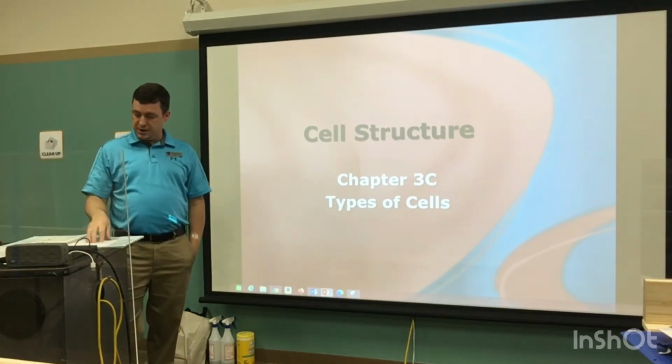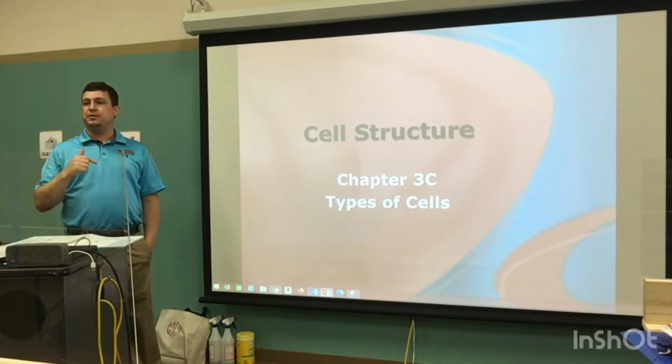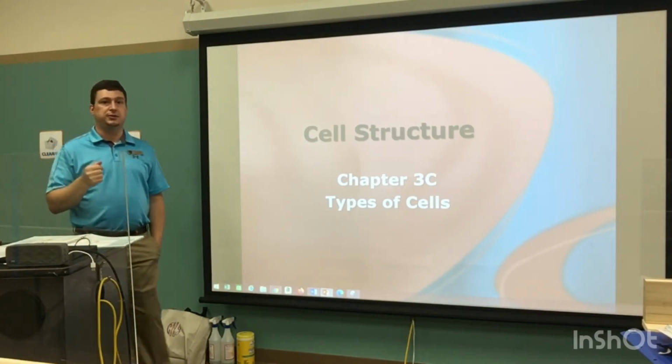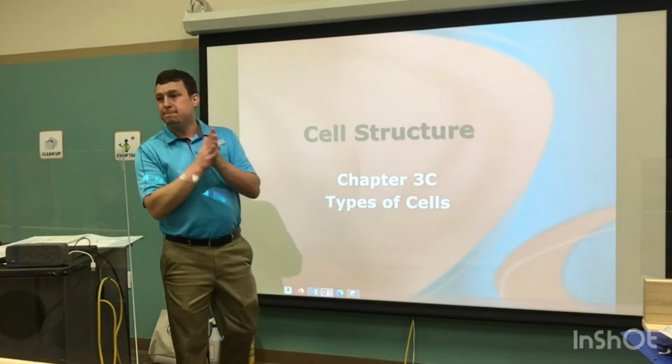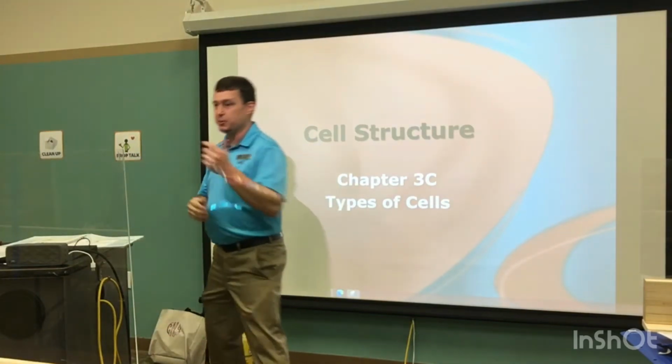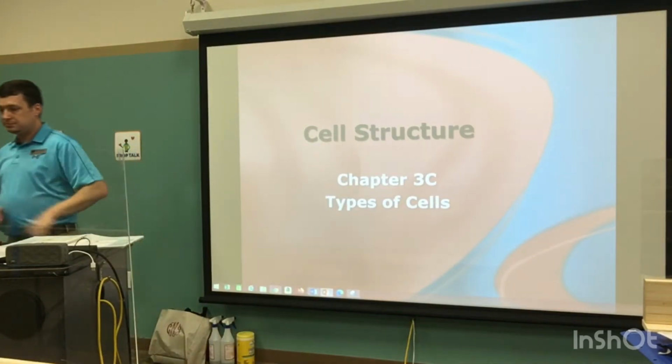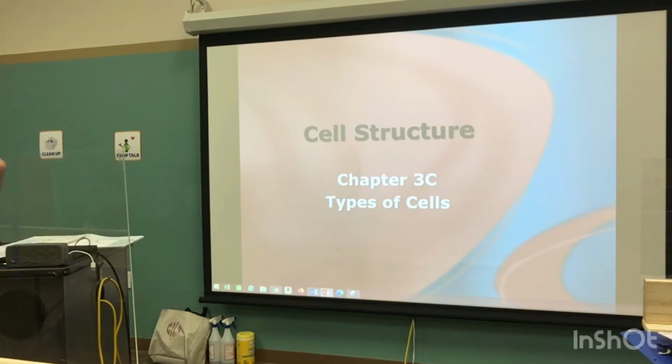How about one of you guys read and tell us about eukaryotic cells? All right. Right here, Lionel. Okay. Most kinds of organisms are made of eukaryotic cells. The cells of protozoans, algae, fungi, plants, and animals are all eukaryotic.